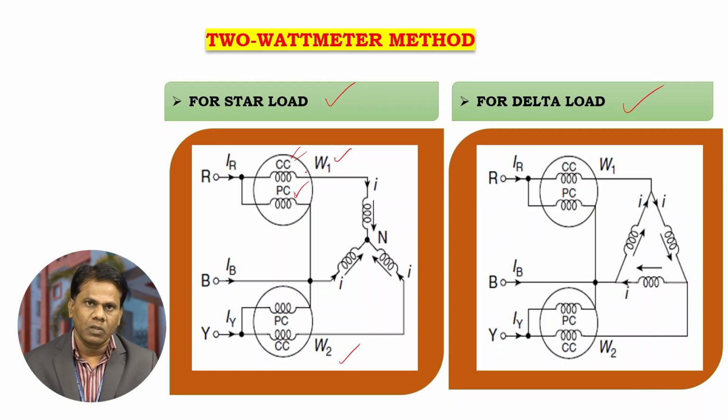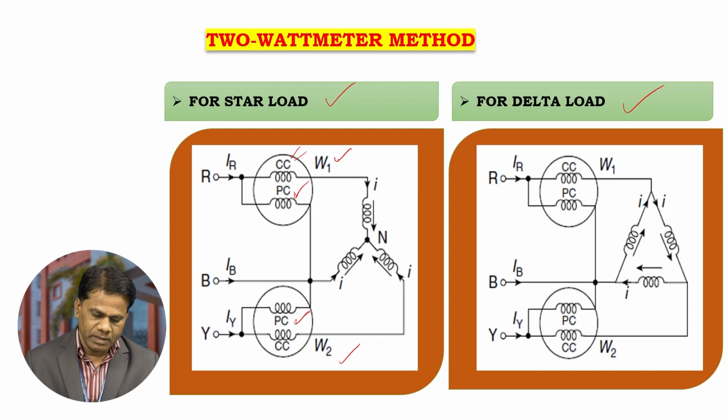The pressure coil of wattmeter 1 is connected between line R and line B. Similarly, the pressure coil of wattmeter 2 is connected across the supply lines, between the Y line and the B line. This is the connection diagram for a star connected load.